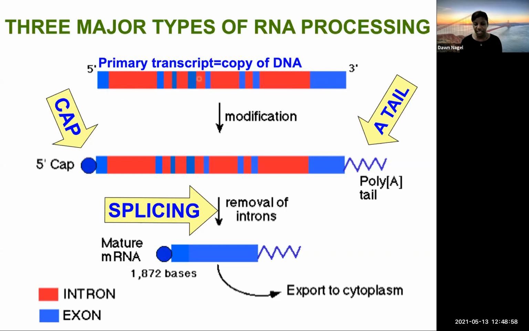This transcript that's made is often referred to as the pre-messenger RNA or pre-mRNA. You might see this in literature or in talks where people are talking about pre-mRNA, right? So this is the transcript that's first made. It gets modified by capping, A-tailing, and splicing, right? And this final processed mRNA is usually referred to as the mature mRNA, okay? This mature mRNA is what gets exported into the cytoplasm and what gets translated.